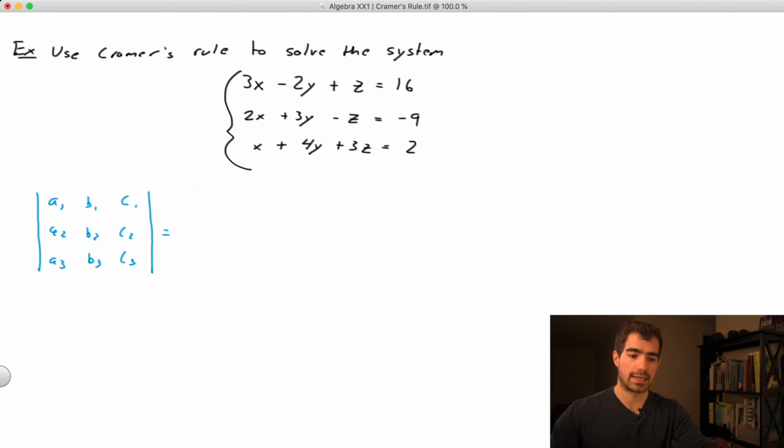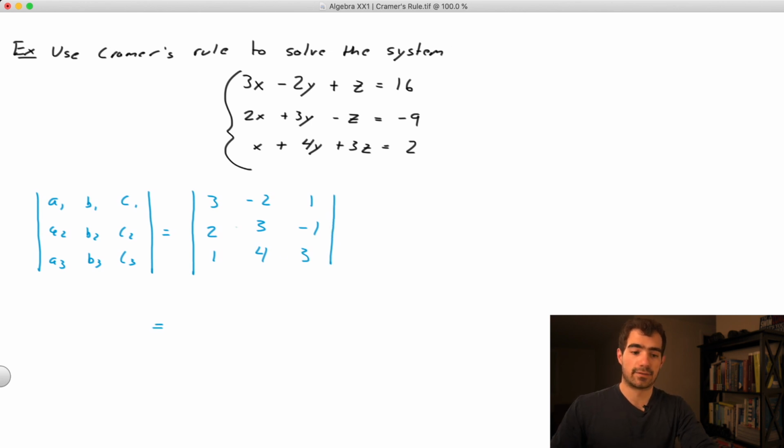So this would be taking the determinant of, in this case, if we look at our coefficients, 3, negative 2, and 1 coming from the coefficients of our variables up here. We'll have 2, 3, and negative 1 for our second row. And then finally 1, 4, and 3 for our third row.